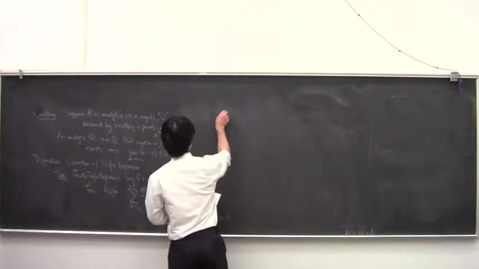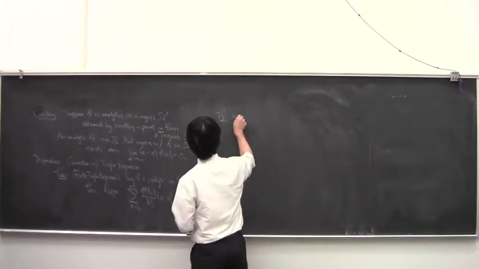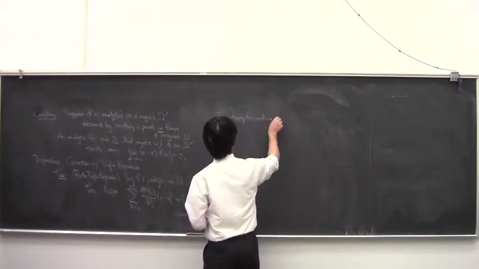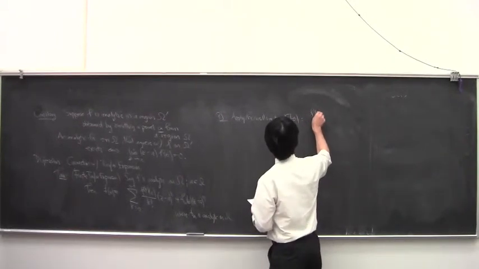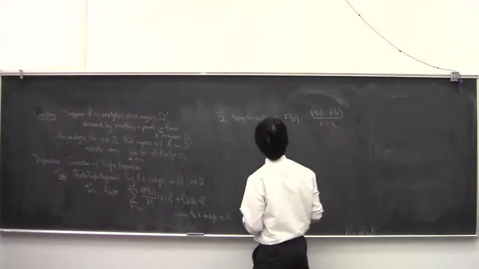Okay, so here's the proof. Apply the corollary to the function (f(z) minus f(a)) over (z minus a).